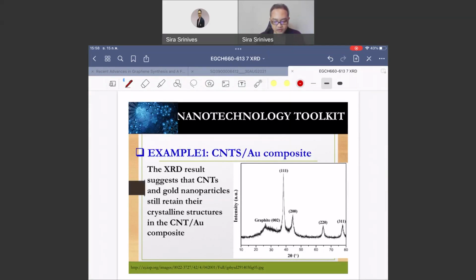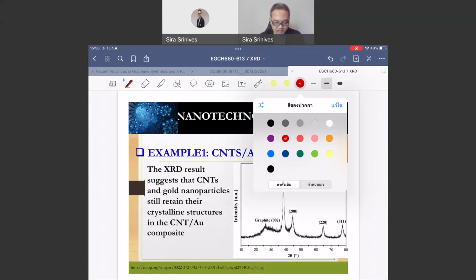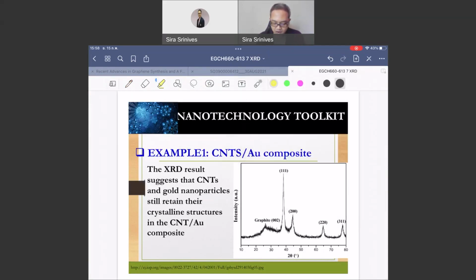The other interesting point that I can draw from this experiment is that gold nanoparticles actually maintain their original structure and original property, right? Even if they are staying together with the carbon nanotube. So that means I can assume that not much interaction happened between carbon nanotube and gold nanoparticles.